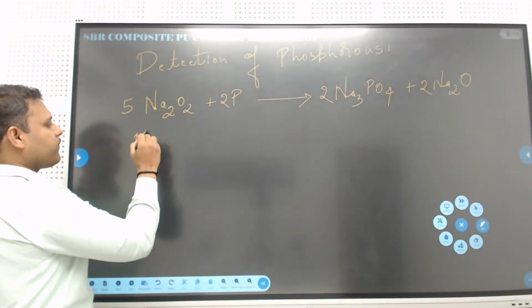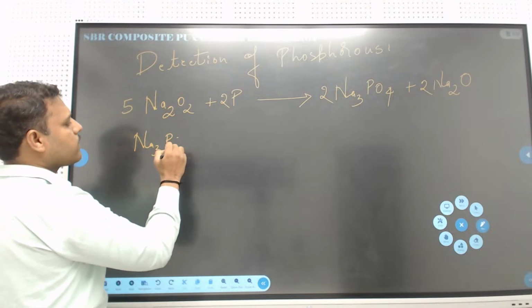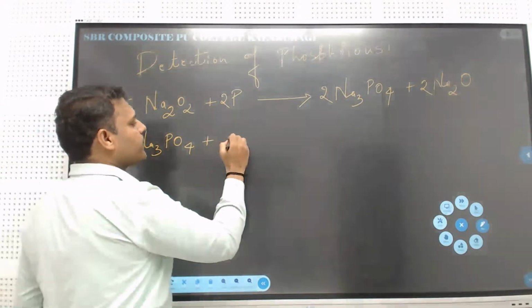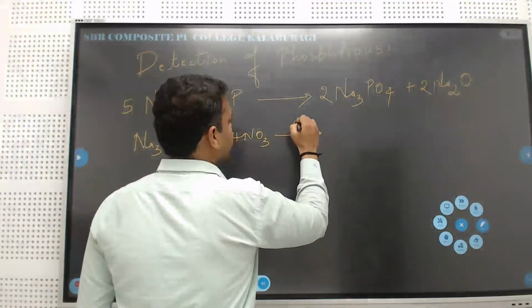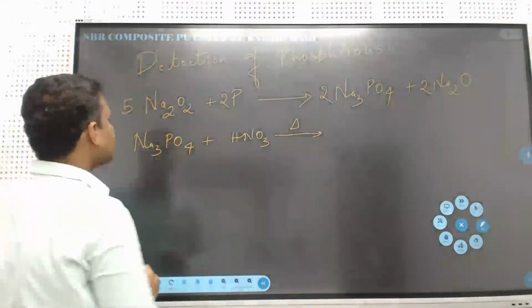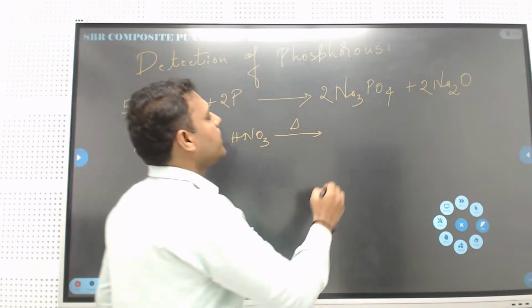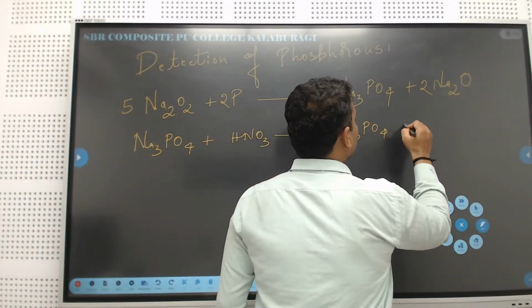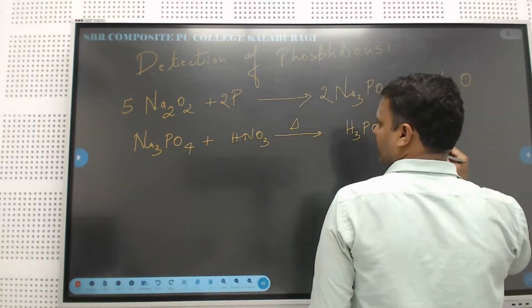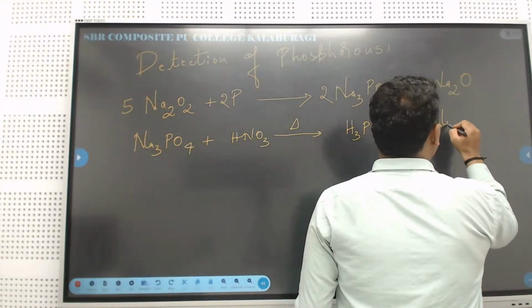And this sodium phosphate is further treated with HNO3 and heated, where the phosphate present as sodium phosphate is converted into H3PO4 along with the formation of NaNO3.